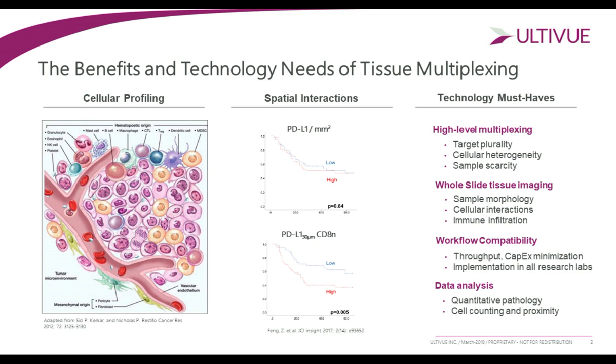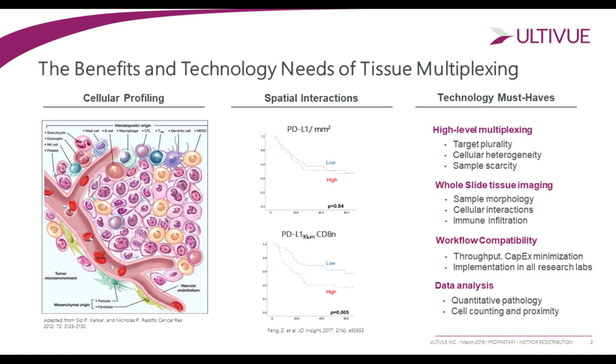PD-L1 alone was not a predictor of prognosis or outcomes for these specific patients. When you take into account spatial context with CD8 specifically, you actually get better resolution. You can actually see a stratification of patients from low to high here as far as survival goes when CD8 was taken into account in its distance to PD-L1.